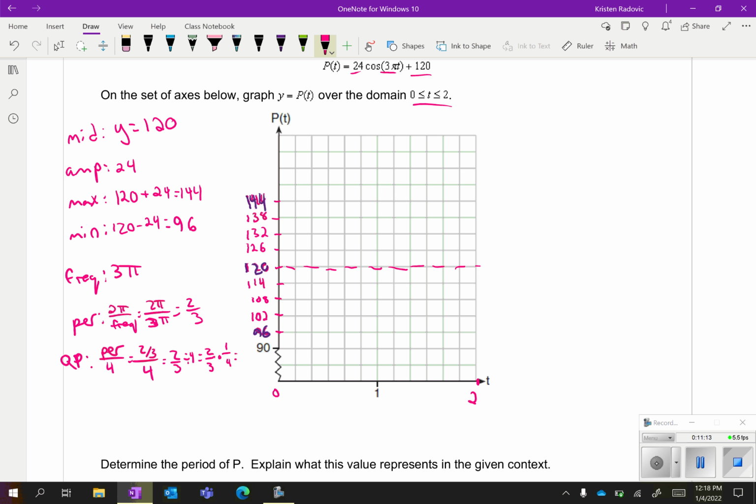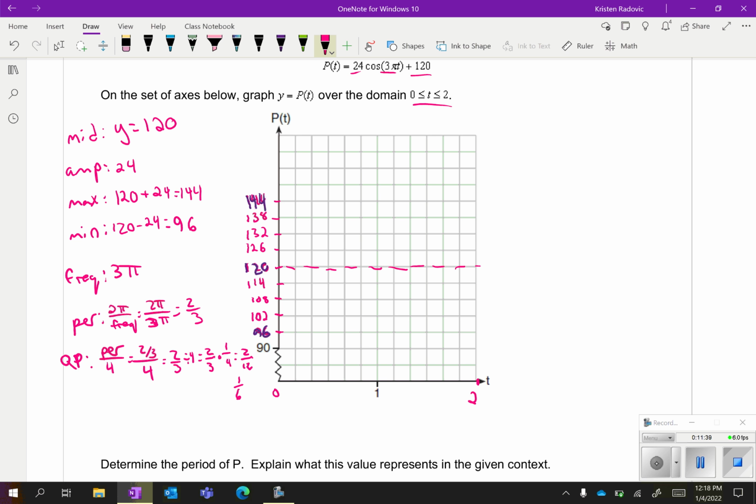So 2/3 divided by 4 is really 2 over 12, which simplifies to 1/6. And again, if you need to, use your calculator. If it gives you a decimal, you're going to hit math frac to turn it into a fraction. But if you use alpha y equals to put it in as a fraction to begin with, it'll give you your answer as a simplified fraction.